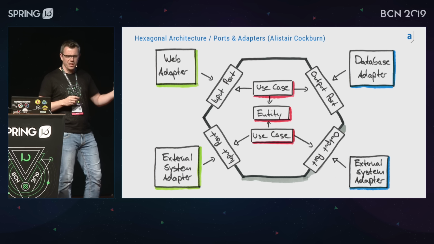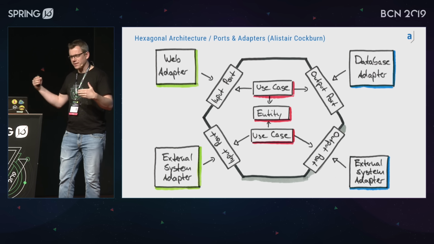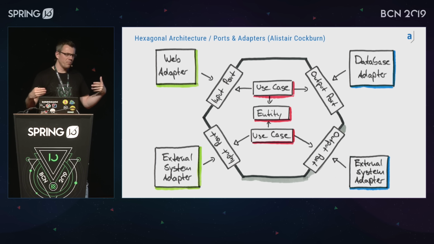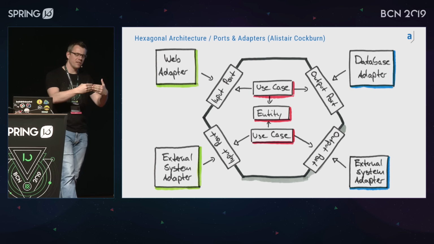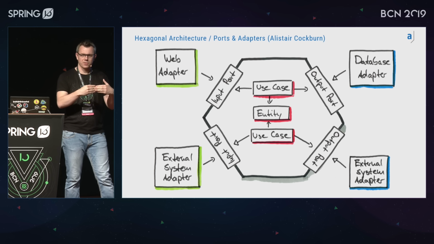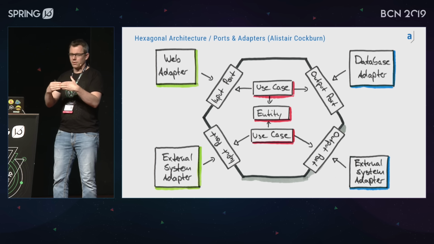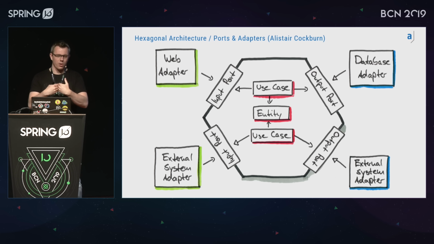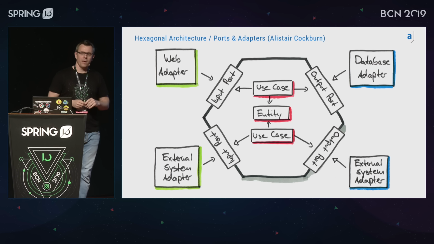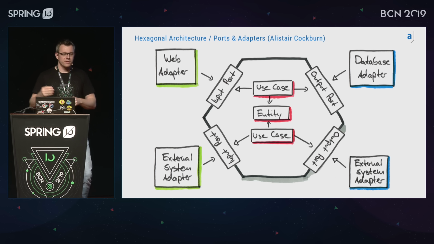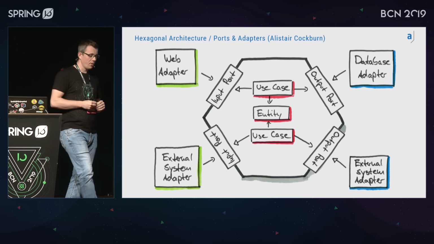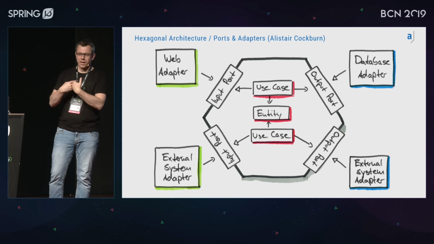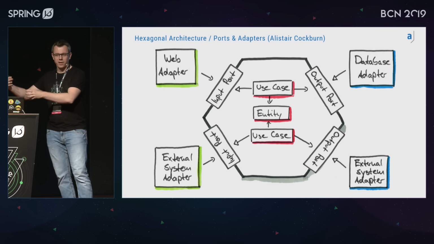On the left side, we have input ports. And on the right side, we have output ports. Input meaning we provide an interface, we provide an API to outward, let's call them adapters, to outward code that wants to call our application logic. And on the right side, the output ports provide functionality, for example, persistence. We call our application core calls something else.